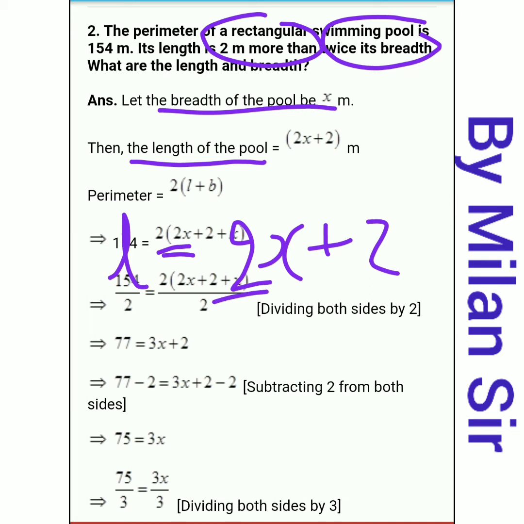So L is equal to 2x plus 2. So length is equal to 2x plus 2, breadth is equal to x.